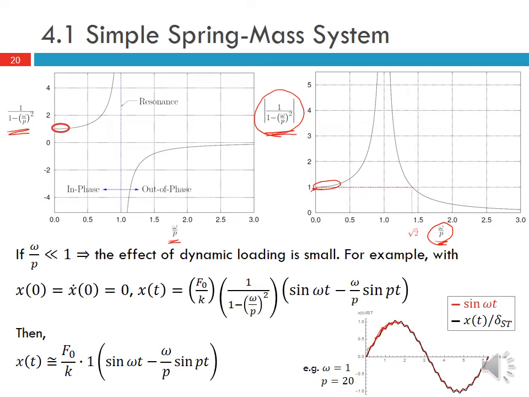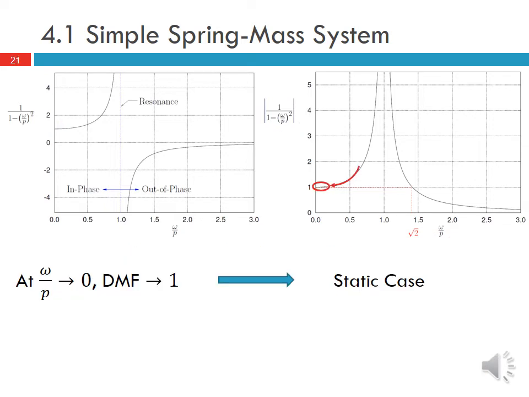As omega over p gets very small, the dynamic loading has a pretty small effect. When omega over p goes to 0, the dynamic magnification factor actually goes to 1, and this is the static case. If omega was equal to 0, we would just be applying the load statically, so our dynamic magnification factor would just be equal to 1.